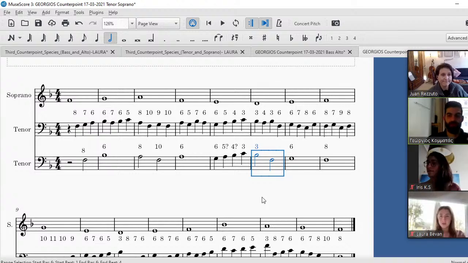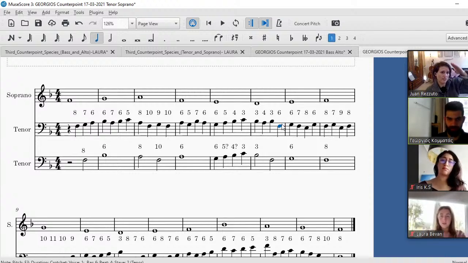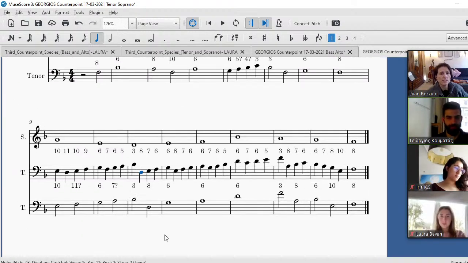Because if we were in second species, we would put it there, no? Yes. But you answered your question: the noticeable part now adds up. Cool. Yeah, because this is a change in direction note. And this is a change in direction note. So it's not a hope.